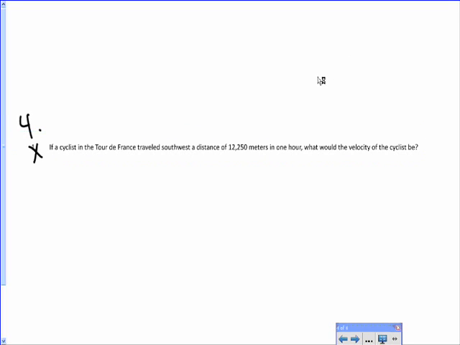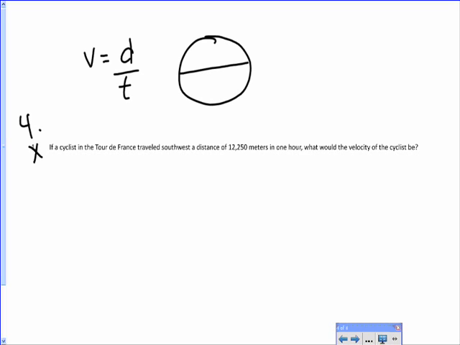So let's go ahead and write our formula again. V equals D over T. And our circle. Which if we're doing a worksheet, you can have this at the top and you won't have to continually rewrite it. All right, if a cyclist in the Tour de France traveled southwest a distance of 12,250 meters in 1 hour, what would the velocity of the cyclist be?